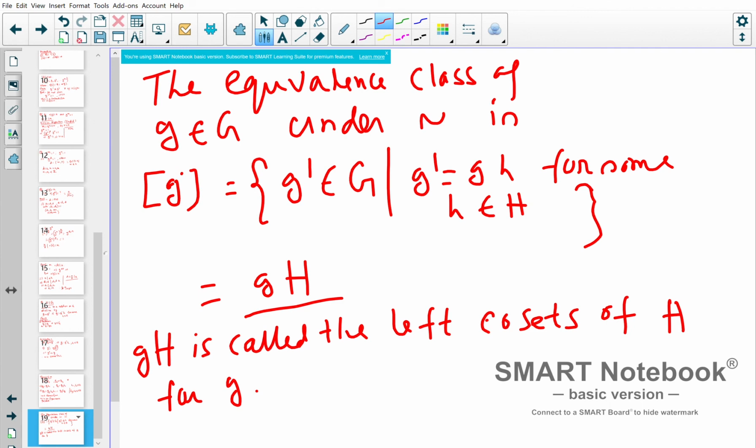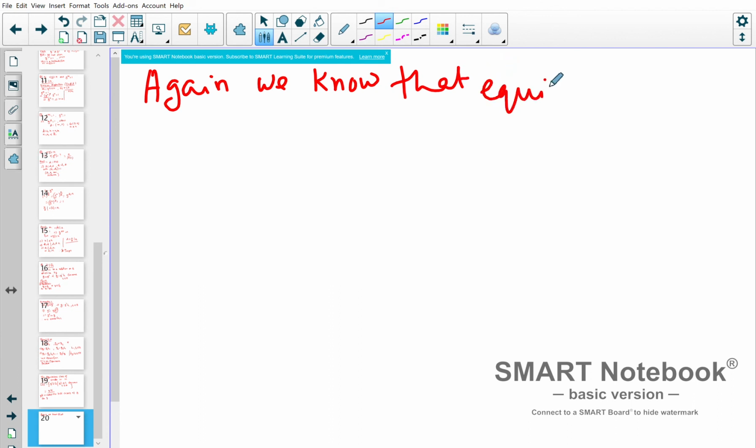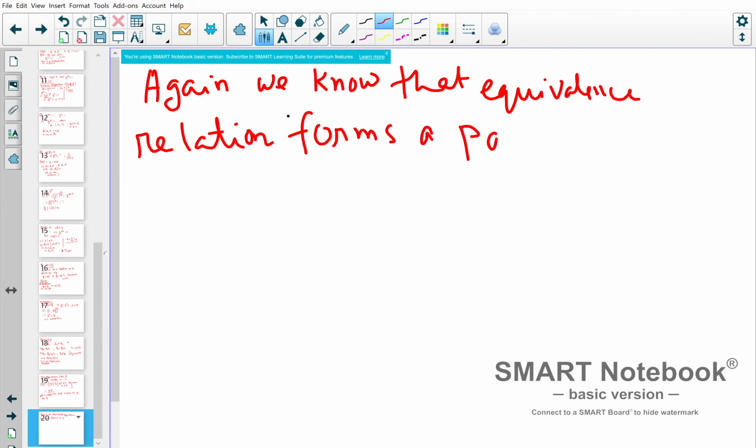It partitions the group G. We know that an equivalence relation forms a partition on the set.